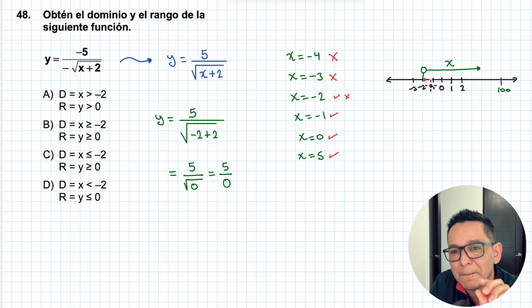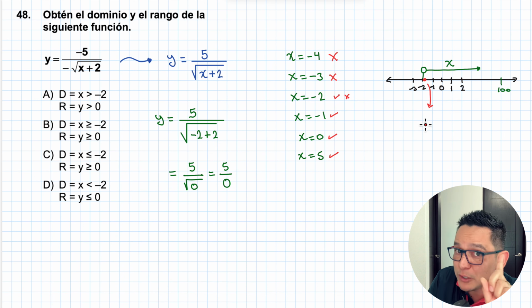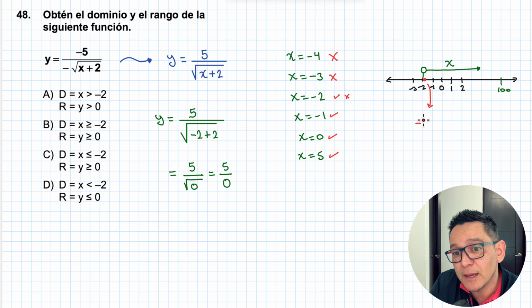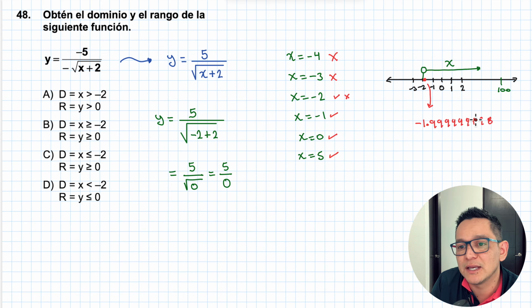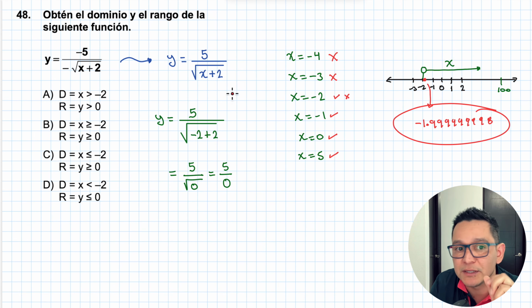Another one that we could put here would be -1.9999, plus 2, so I would get 0.0000 and so on, right?